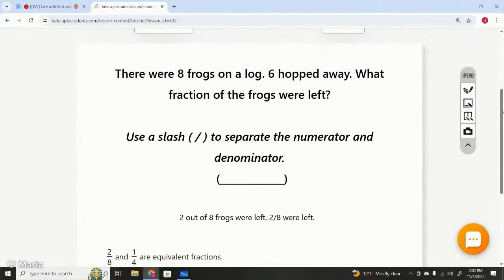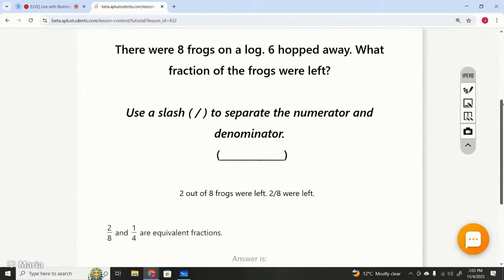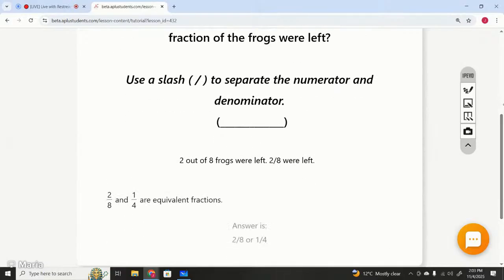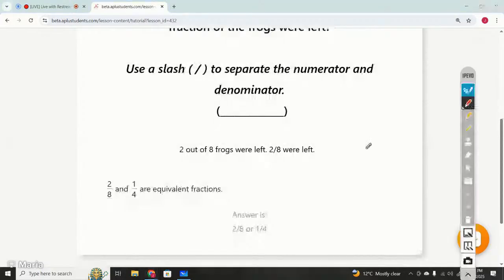There are 8 frogs on a log. 6 hopped away. What fraction of the frogs were left? So the total frogs are 8 and 6 of them hopped away. So that is 6 by 8.